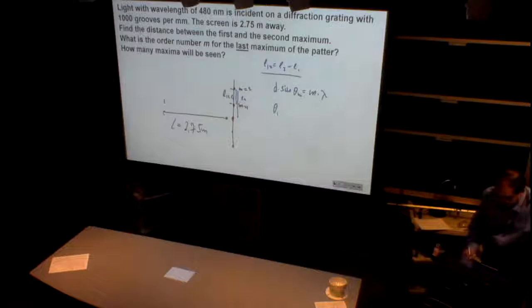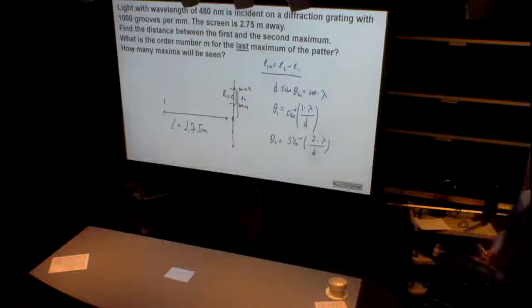Have to calculate the angle number 1, which should be equal to, well, 1 times wavelength divided by the distance between two adjacent slits. Then we have to take the inverse sine of it. And now we have to do this: the inverse sine of 2 times the wavelength divided by this.